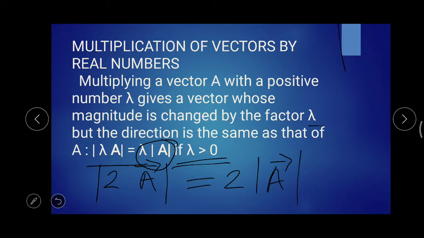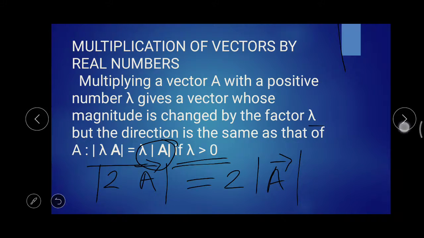So in such cases the direction and the magnitude both will change. But if you are multiplying with a positive real number, only the magnitude will change. There will be no changes in the direction of the vector.